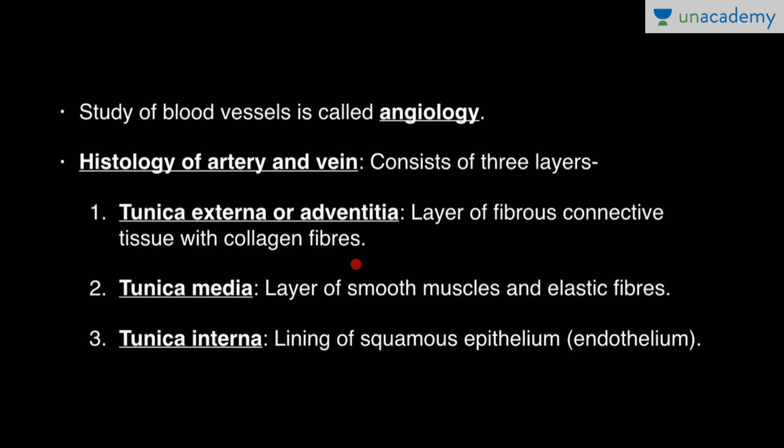So the external layer is called tunica externa or adventitia, and it has connective tissue with collagen fibers. Tunica media is the middle layer, a layer of smooth muscles and elastic fibers. Then we have tunica interna or tunica intima. It is the internal layer, and it is a lining of squamous epithelium, also known as endothelium. So we have three layers: tunica externa, media, and interna.